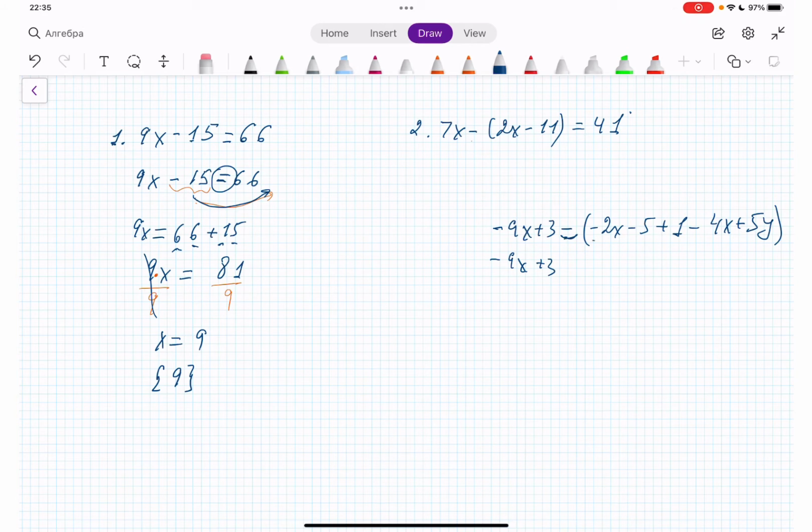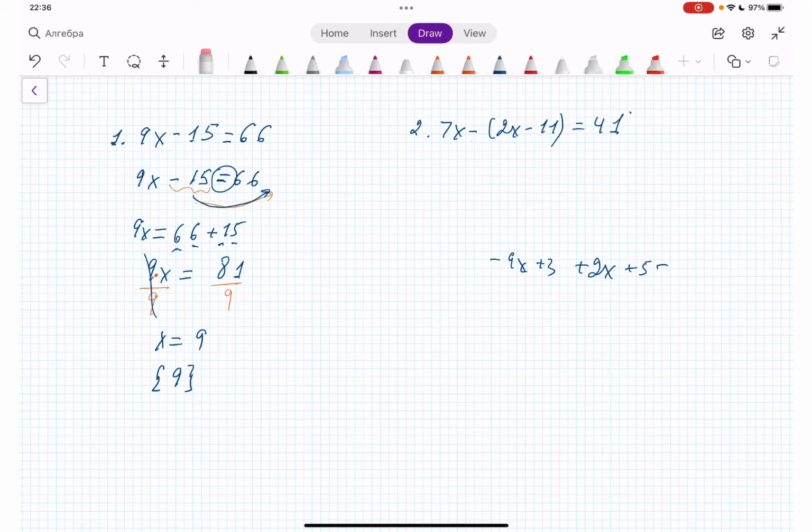Look here, the 2x that was negative will become plus 2x. The 5 that is negative will become plus 5. The 1 that is positive will become negative 1. The negative 4x will become positive 4x, and positive 5y will become negative 5y. Okay, this is how it works.